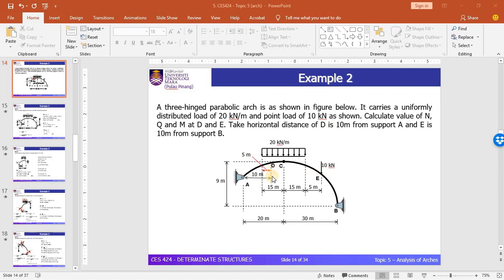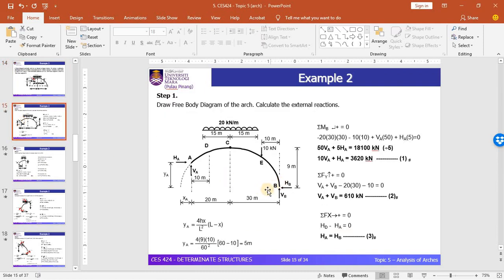For the UDL, you just consider the condition under load only, that we have seen in example 1. Let's see the solution for this example.